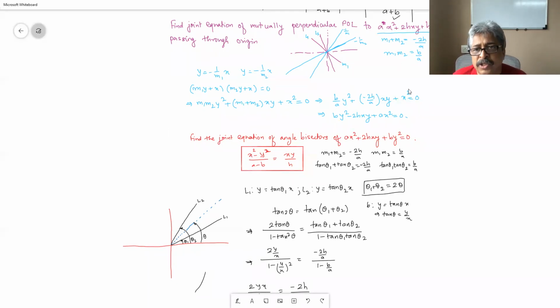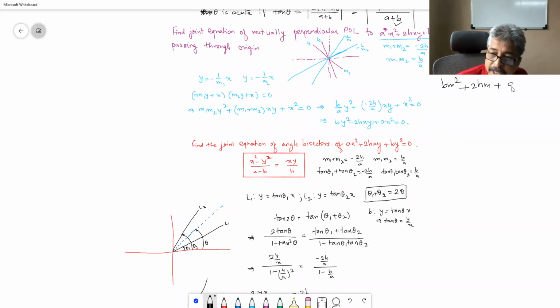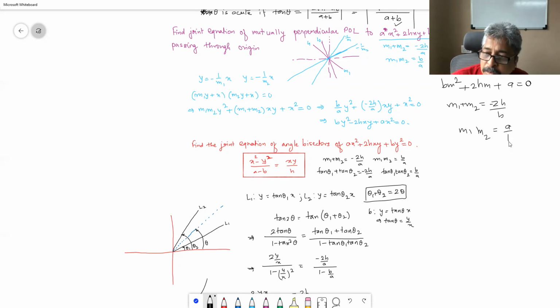Using the auxiliary equation for slope, which was derived as b m square plus 2hm plus a is equal to 0. Therefore, m1 plus m2 is minus 2h upon b, and m1 m2 is equal to a by b.